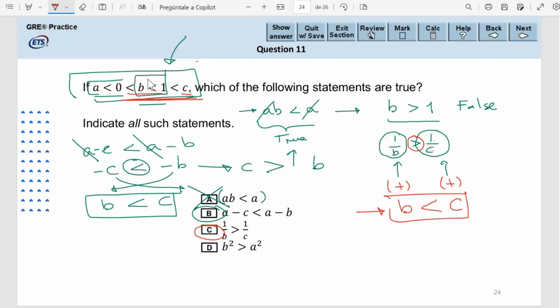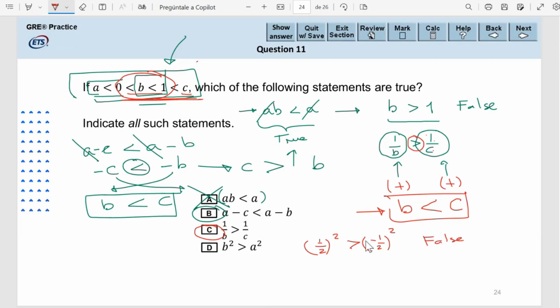Just some examples. Here you have a positive decimal, B. So for example, I have 1/2 squared greater than, let's say, A squared. Let's say that A is 1/2 also, but negative. Negative 1/2 squared. Because A is simply a number less than 0. What would happen here? If I take these squares, I see that this is false, right?